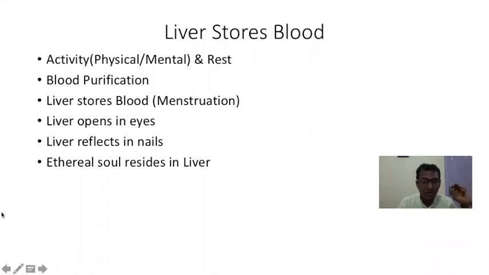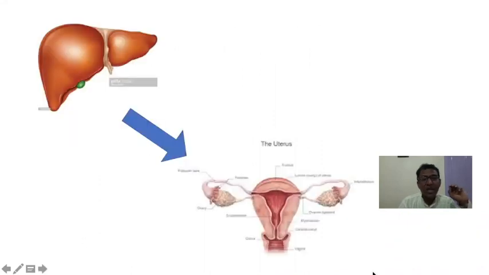I'll show this figure. So the blood which comes out of the uterus comes directly from the liver. It is very important.